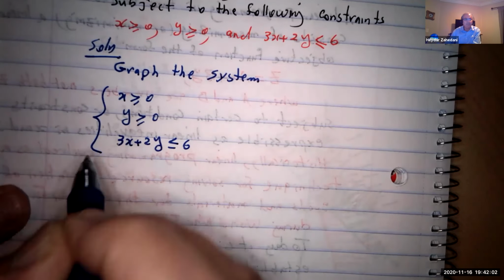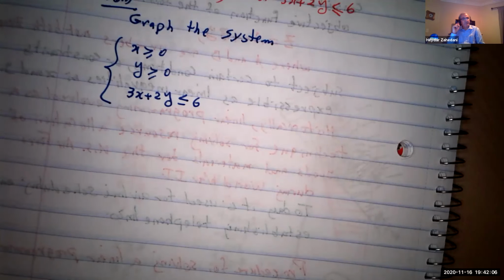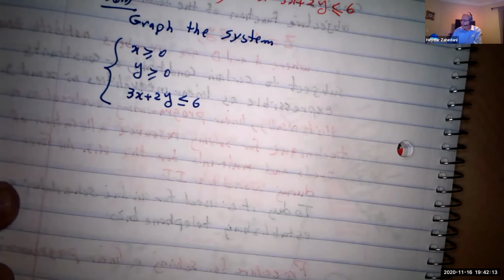You see, this is the system. So x positive, y positive means you are going to be in the first quadrant. So you better focus on graphing this one first.